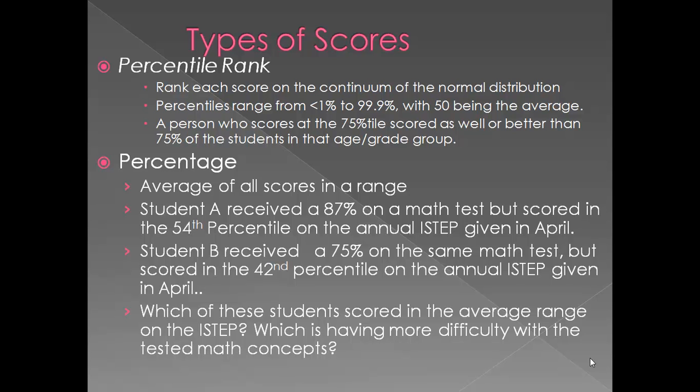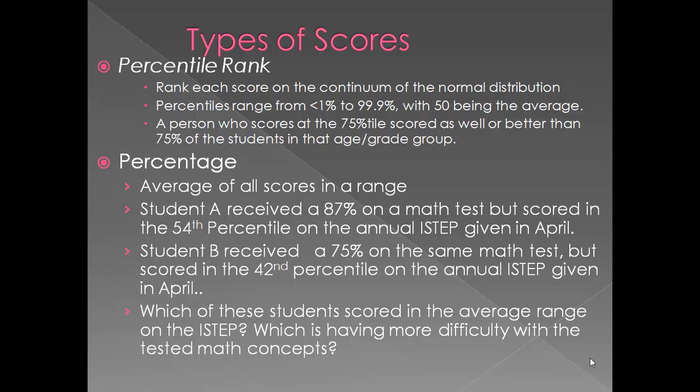The person who scores at the 75th percentile scored as well or better than 75% of the students in that group. We're not talking about 0 to 100% on a test. All right? Now, the average of all the scores in a range are the percentage.